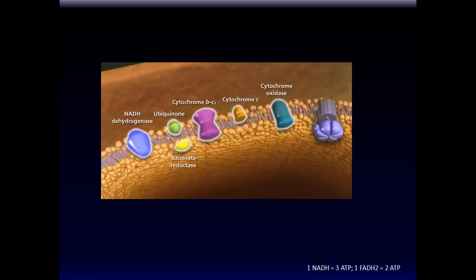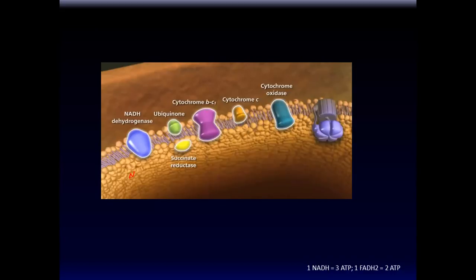These are the names of those proteins that are embedded in the membrane: NADH dehydrogenase, ubiquinone, succinate reductase, cytochrome BC1, cytochrome C, cytochrome oxidase, and this is the ATP synthase transmembrane protein. So these are the names of the electron transport chain components.